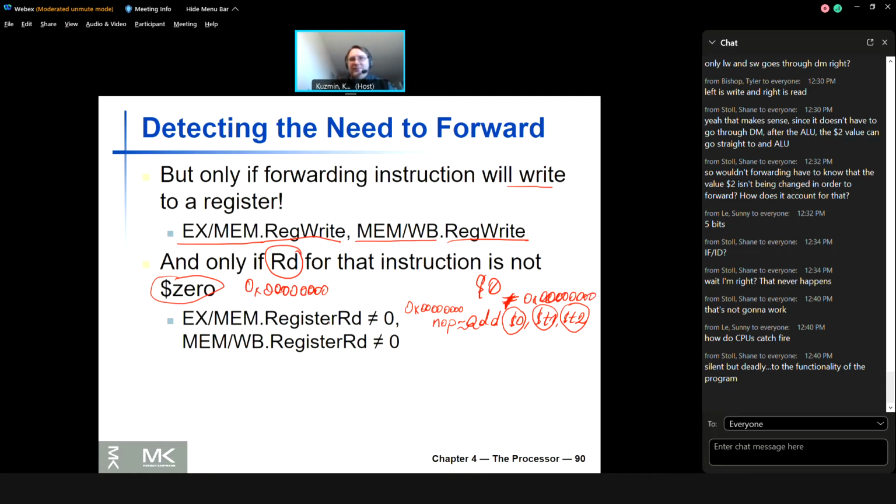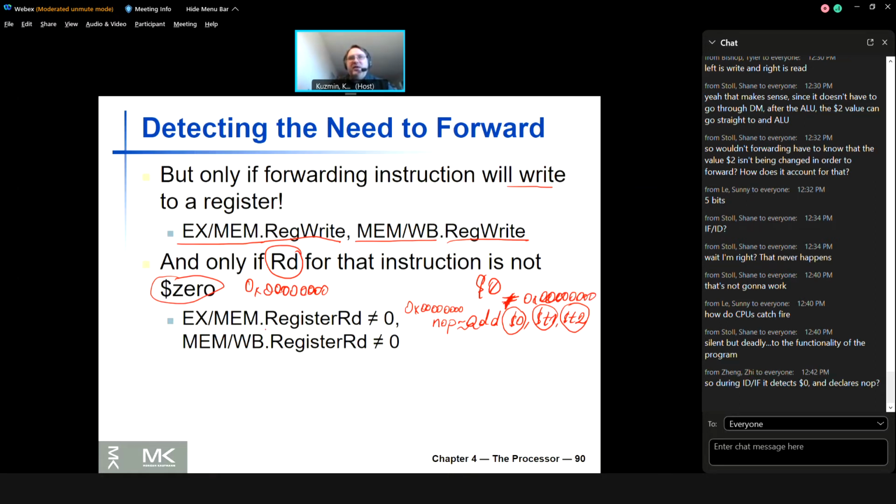So long story short, we need to make sure that the destination register is not 0, because if it is, we are attempting to change the 0 register, and there's no need to forward because we know this instruction would have no effect.